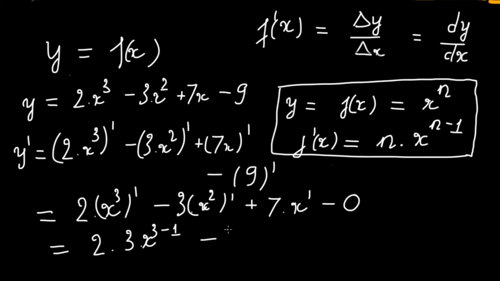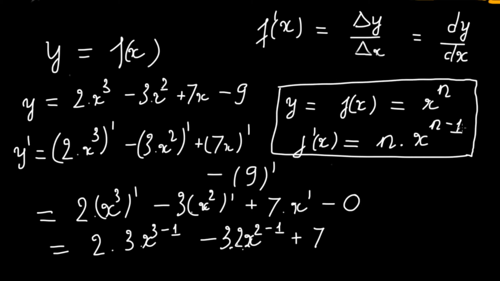Minus 3 right here. And then x squared prime, you can write 2 down, n down, then times x to the power of n minus 1, which is 2 minus 1. And then plus 7, you put it here. X prime, you see this is x to the power of 1, right?